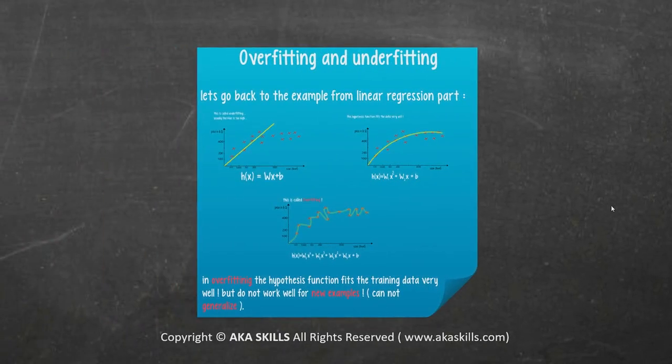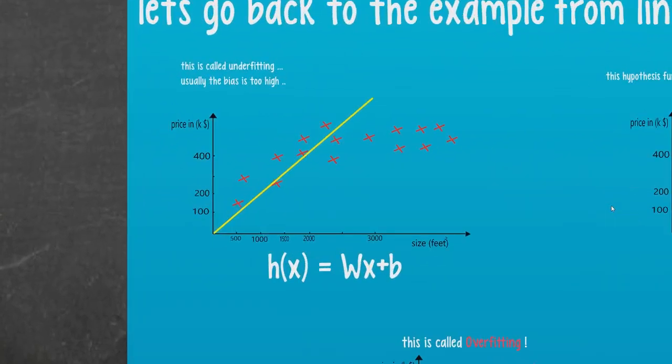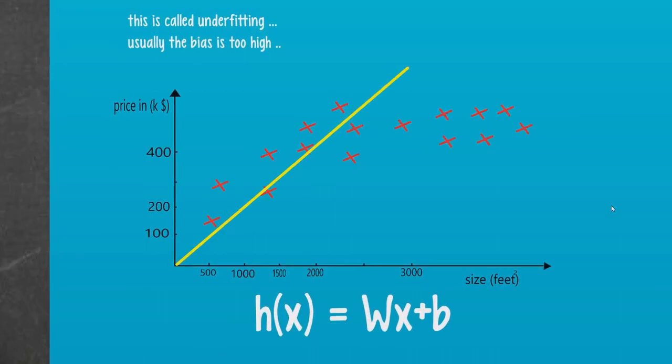So this is a one versus all classification. Next, another very famous problem is called the overfitting and underfitting problems. So let's go back to the linear regression example that we had in the first videos of this course. You remember when we tried to fit a linear classifier to our data of the house prices according to the size.